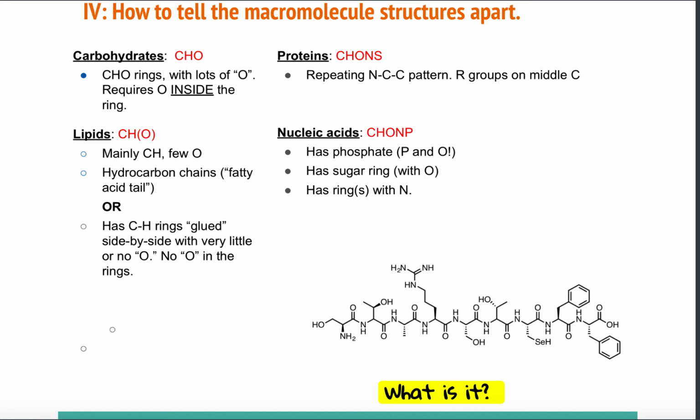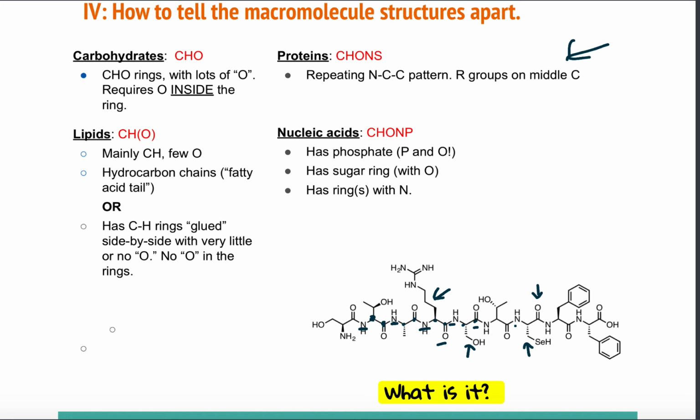So this is an N, followed by a C, and then a C. N, C, C, N, C, C, N, C, C, with the last C in the NCC being a double-bonded O, which is always the case, and the middle C being the one that's got weird stuff on it. And that is definitely the case here. So a lot of N, weird C, second C with a double-bonded O. And that's how I know it's a protein.